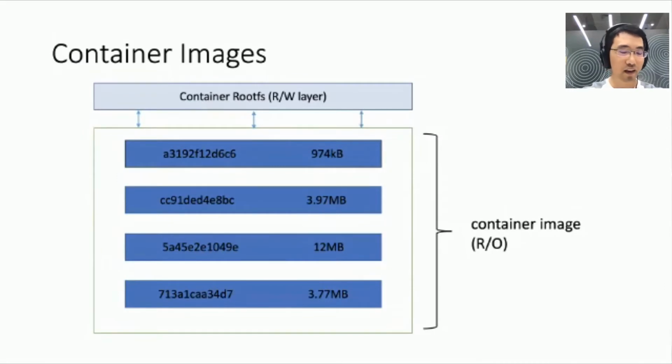An OCI container image usually comes with an index.json, and it will point us to a manifest.json. These are all JSON files, and a manifest.json can have two things.